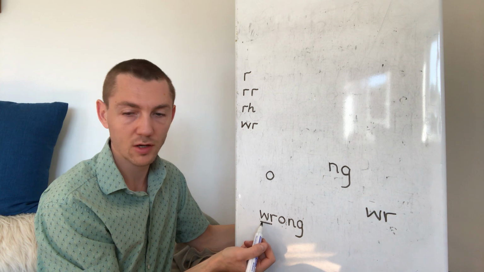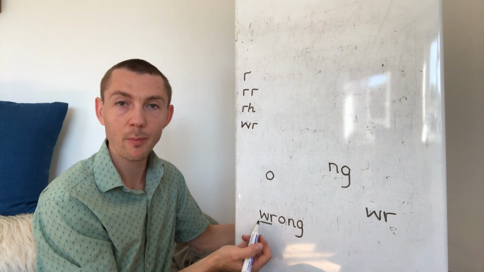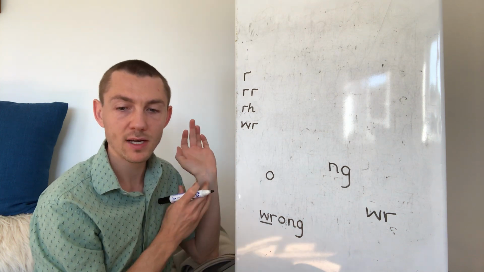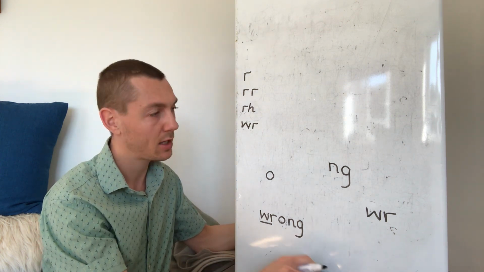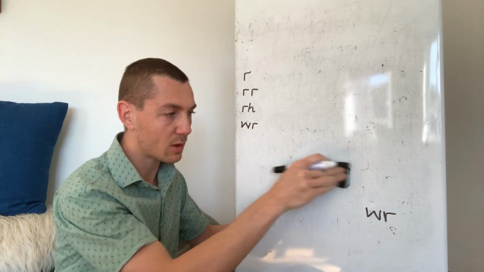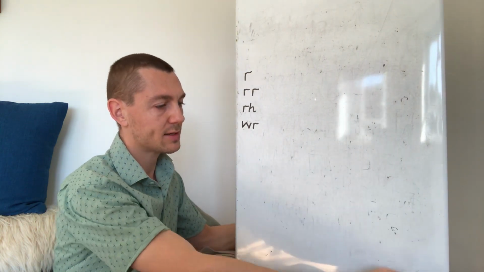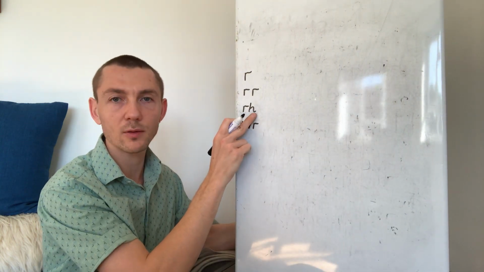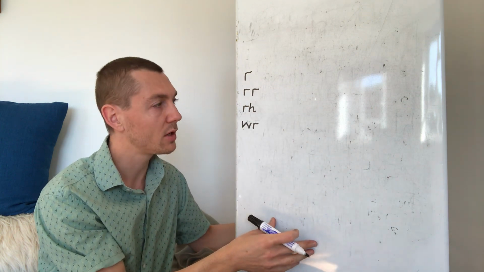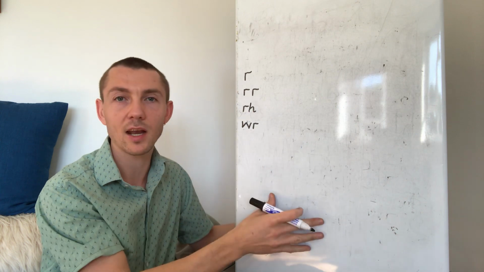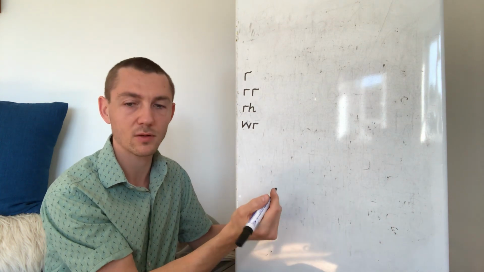We've had the word wrong, we've had the word wrapper yesterday, wrist, wreck, as in a shipwreck, all with this WR spelling as the starting sound in the word. And the same goes for the RH spelling, with words like rhino and rhythm and rhubarb, often at the beginning of words with the sound.